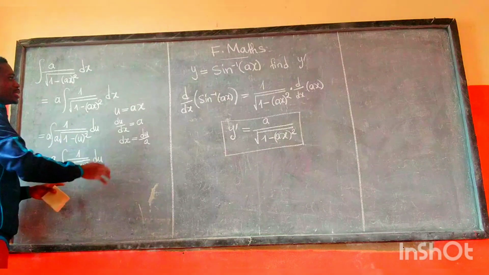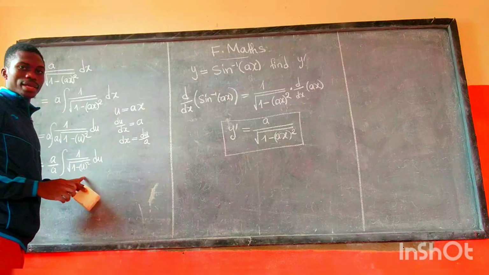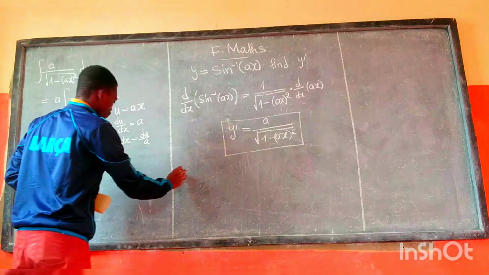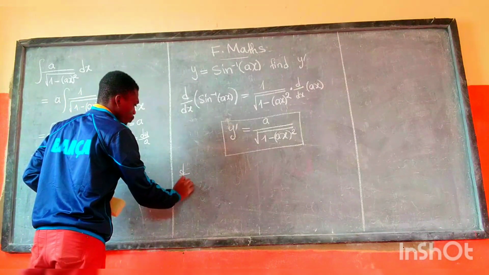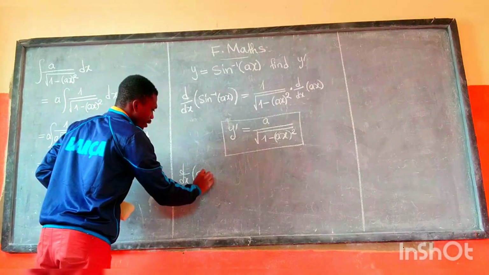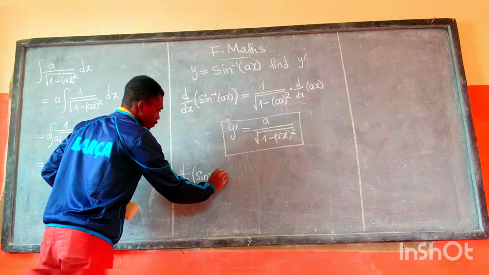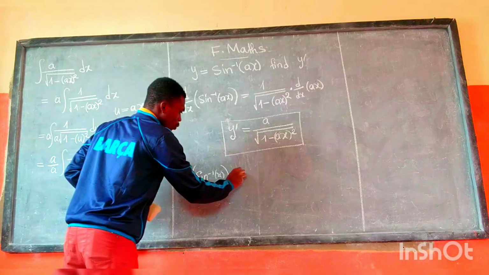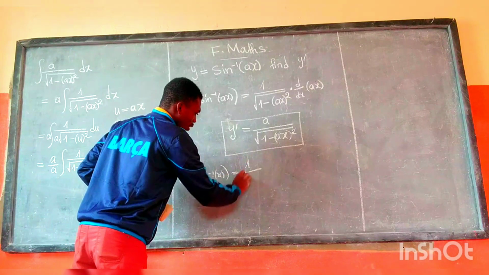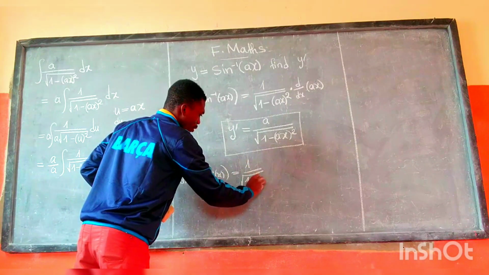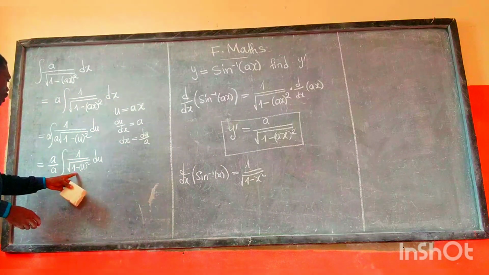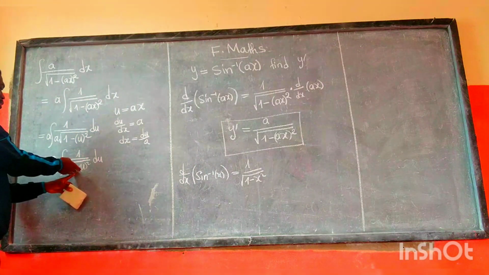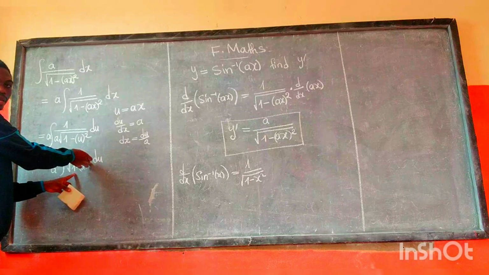And from what I said at the beginning of this video, the derivative of the sine inverse of x is equal to 1 over the square root of 1 minus x squared. If you compare with this one, we now notice that this is 1 minus u squared.